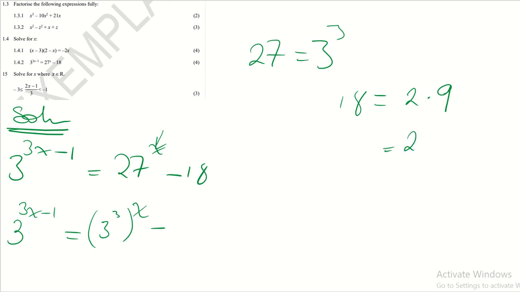So 18 is the same as 2 times 3 to the power of 2. Let's write this as 2 times 3 to the power 2 and see what happens.